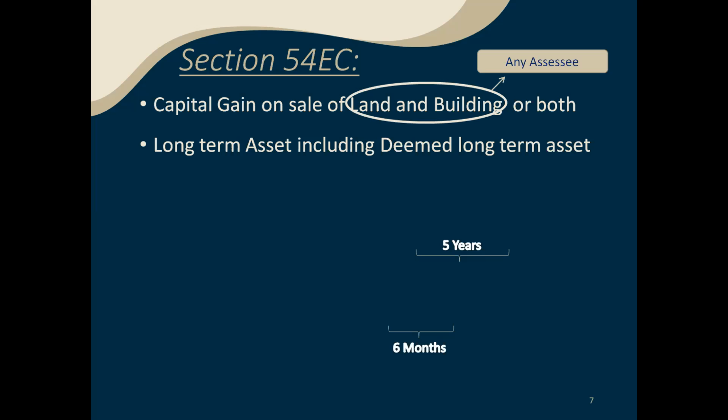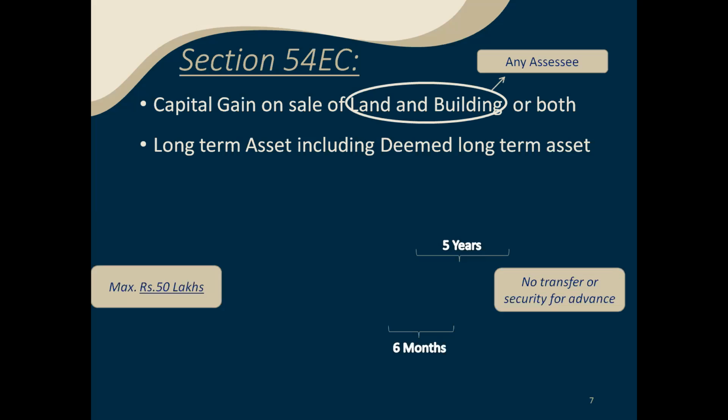Again, this is available for all the assessees. Maximum amount of deduction available under this section is 54EC. Say you have sold an asset today, that is land and building.